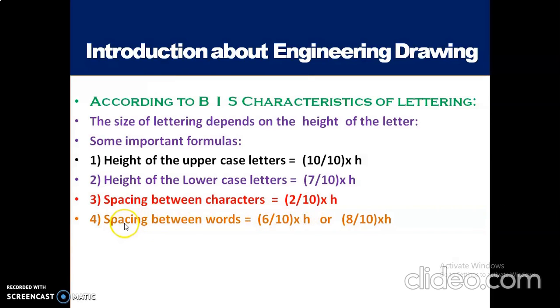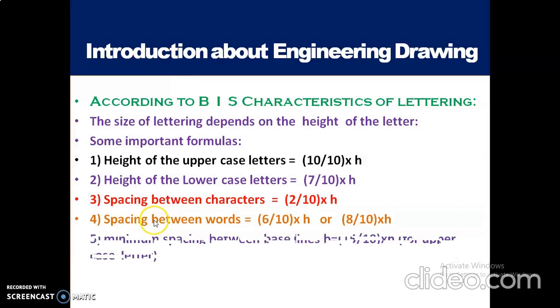If you want to write one word and a second word, the spacing between these two words should be 6 mm.